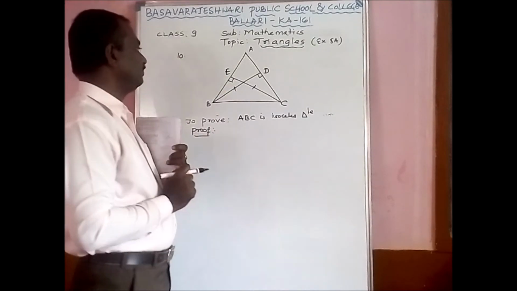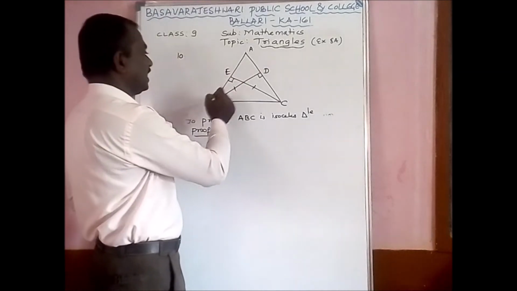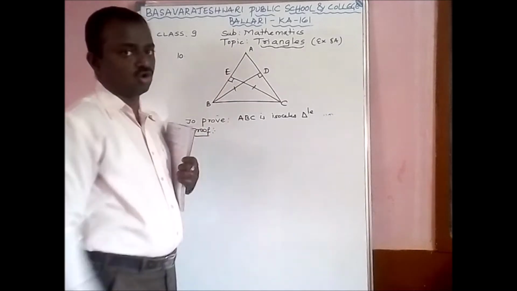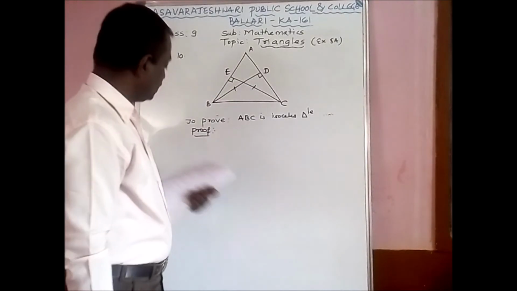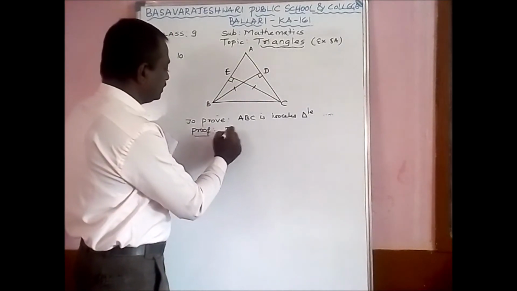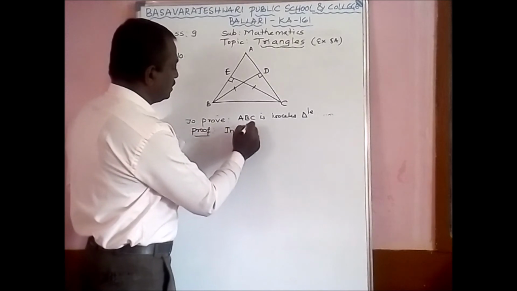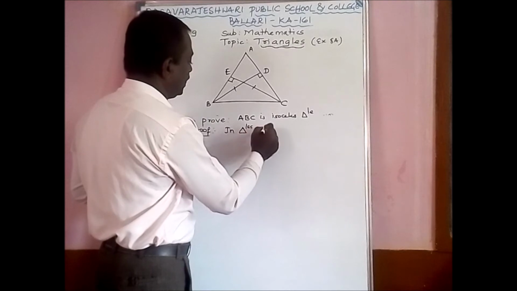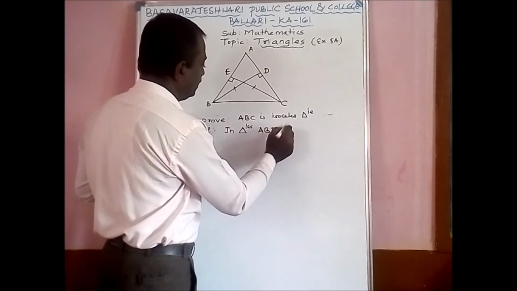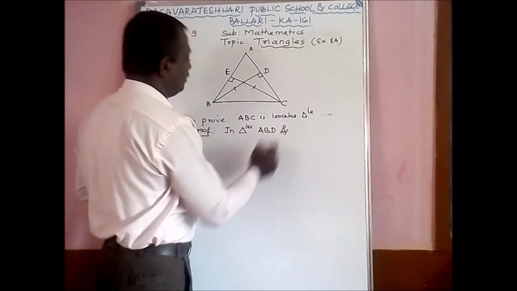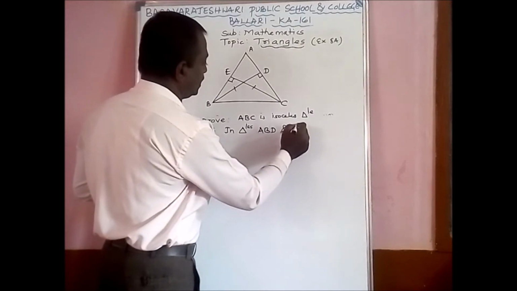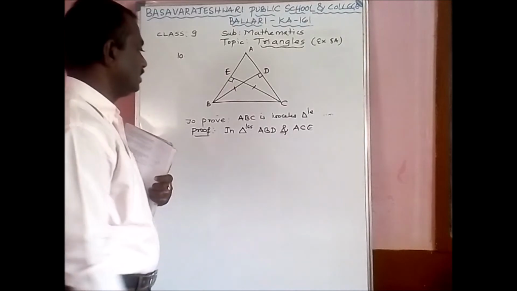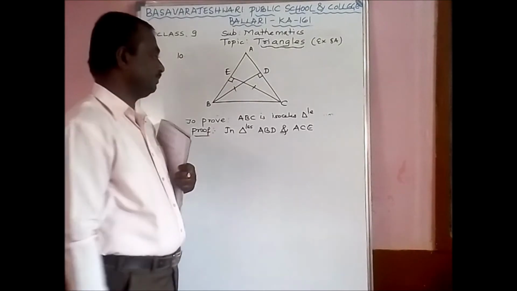First we will prove that triangle ABD and triangle ACE are congruent triangles. So in triangles ABD and ACE, we have to prove they are congruent.